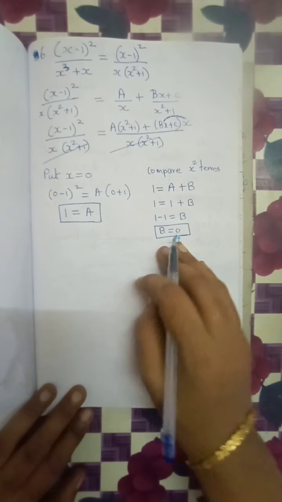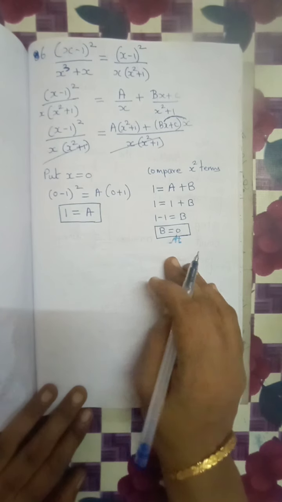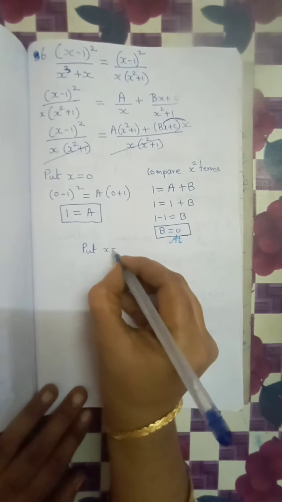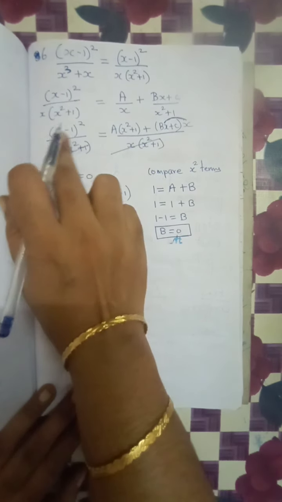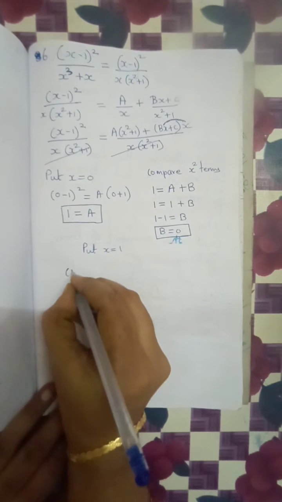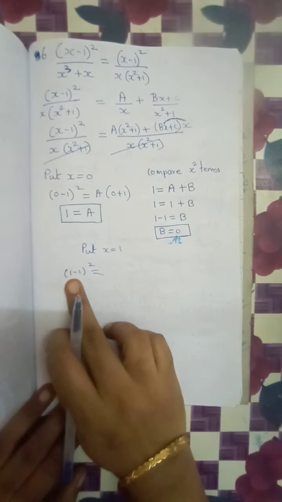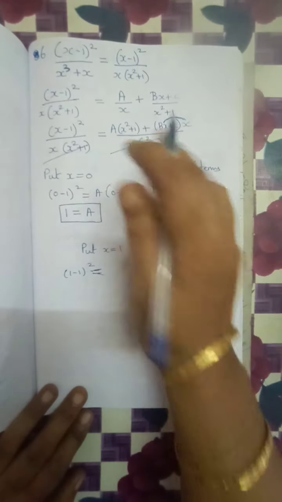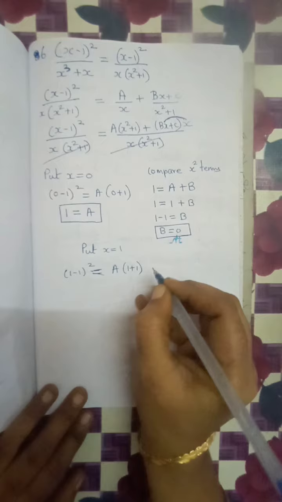Still we do not know the value of c. Now nothing is there in our hand, so we can put any number for x. So let me put x is equal to 1. When I put x equal to 1, 1 minus 1 whole square. Wherever x is there, I am going to put 1. Next, here if I put 1, 1 square is 1, 1 plus 1.